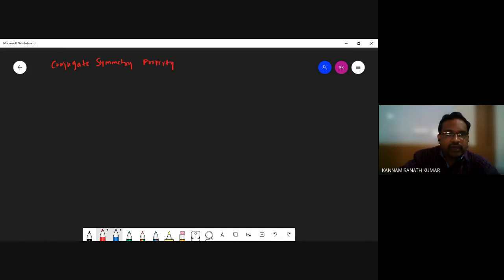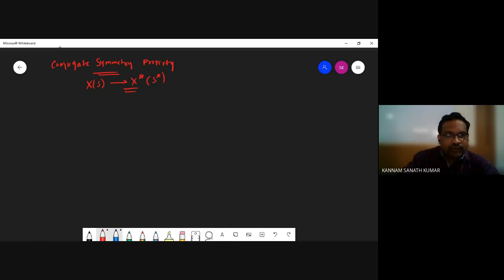The conjugate symmetry property says that you need to prove X of s is equal to X conjugate of s star, s conjugate. So you need to prove this: X of s equals X star of s star.